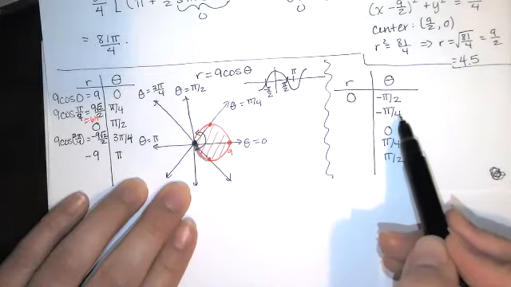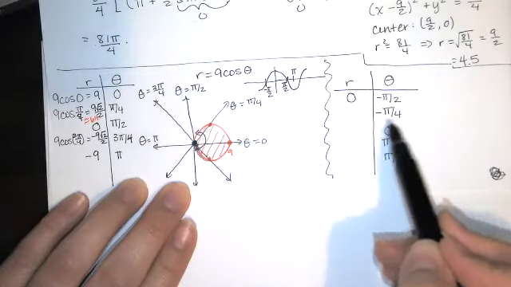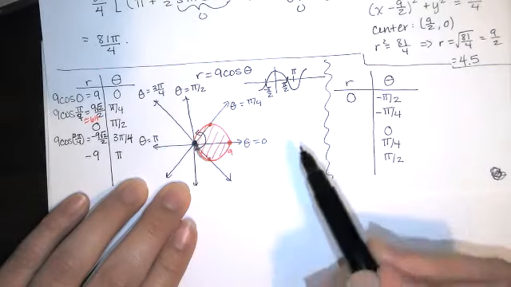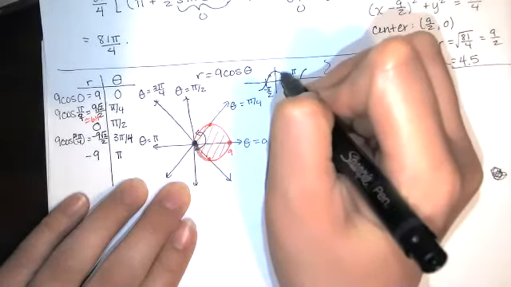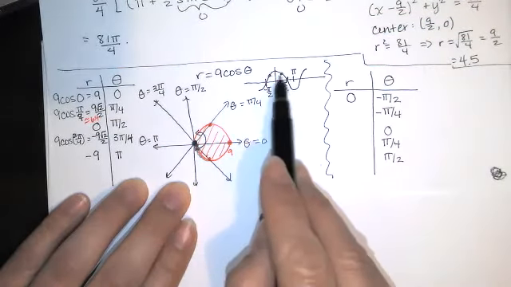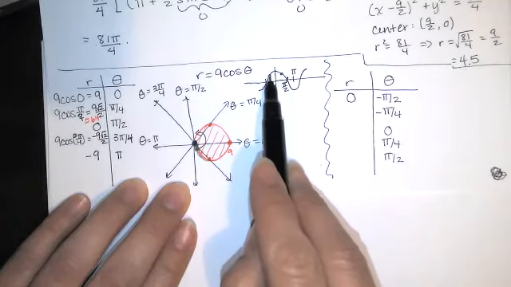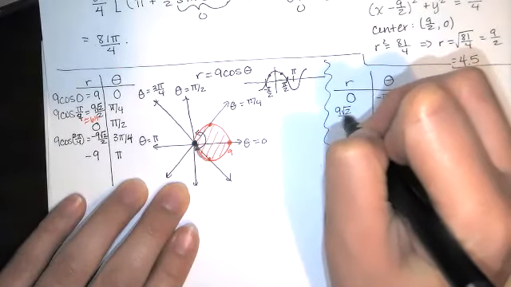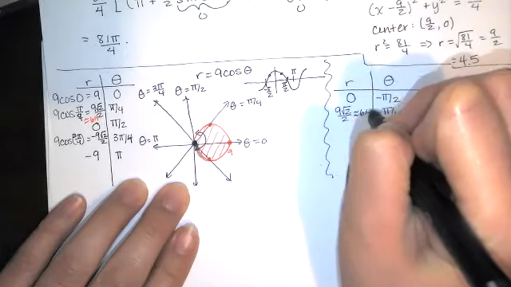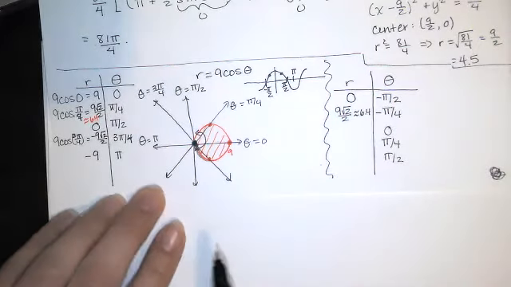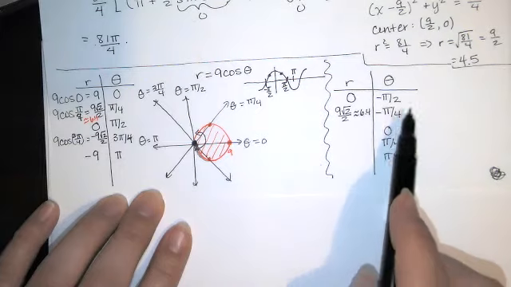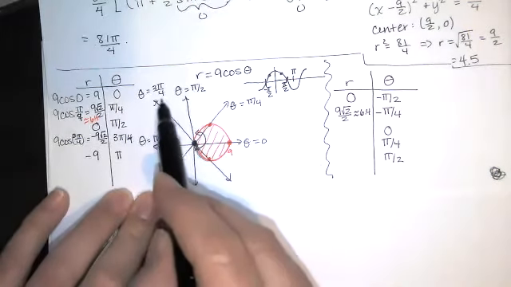Then at negative pi over 4, we get 9 times cosine of negative pi over 4. Cosine of negative pi over 4 is a positive number. It's positive square root of 2 over 2. So this is 9 root 2 over 2, which is approximately 6.4, like we said before. So now I'm going to go along the ray theta equals negative pi over 4.